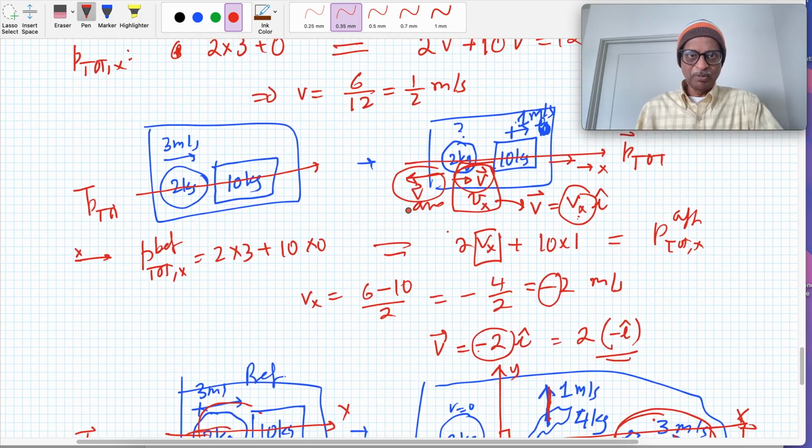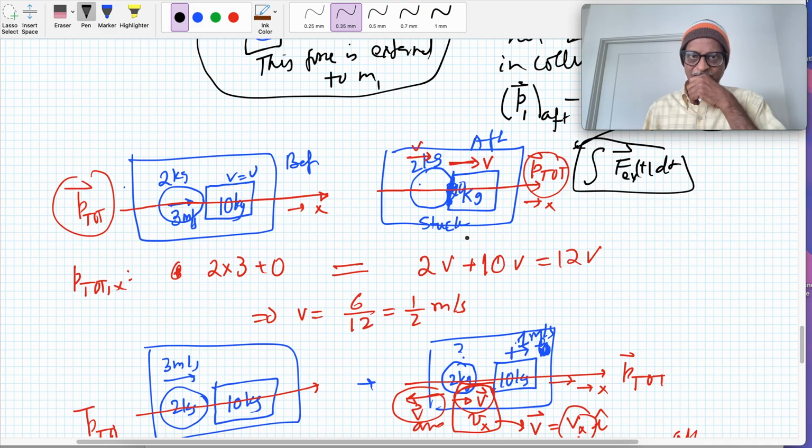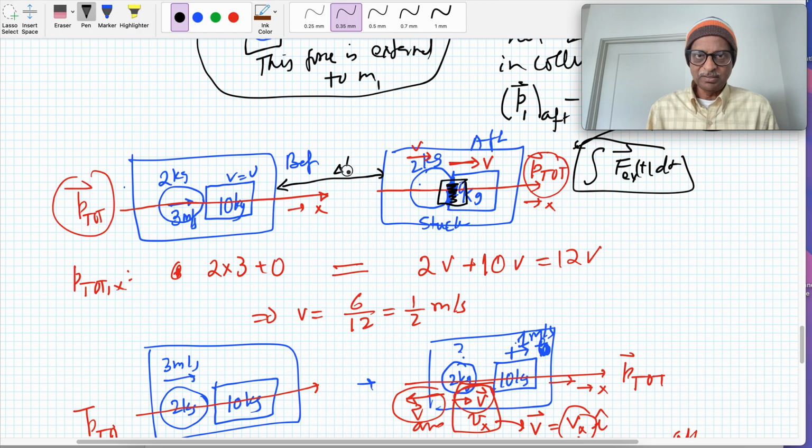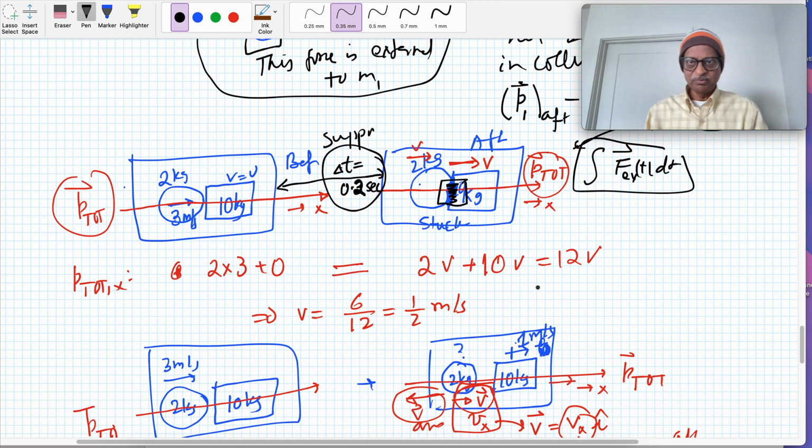Now let's go back, and another type of problem people can ask here is, all right, what happened during the collision? Can I figure out anything about the forces that happened in the collision? Yes, if you know between before and after, say delta t is 0.2 seconds, 200 milliseconds, suppose, then you know how much momentum has changed.